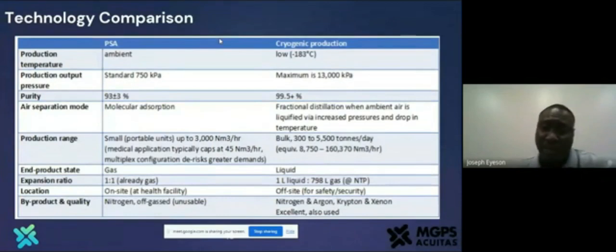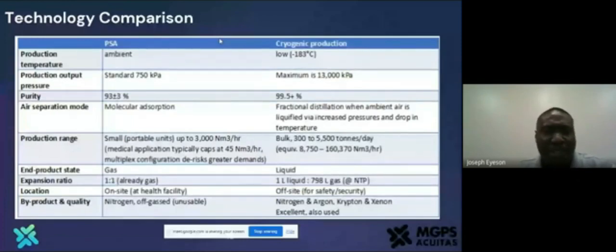As I said, that is where oxygen turns into liquid. Just like boiling water, we know the boiling point of water is 100 degrees. You are increasing the temperature of the water to turn it to vapor. In the same way, if you have a gas and you want to liquefy it, you need to drop the temperature down. The process it uses is fractional distillation.